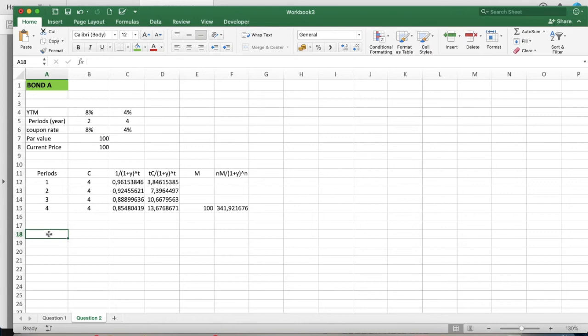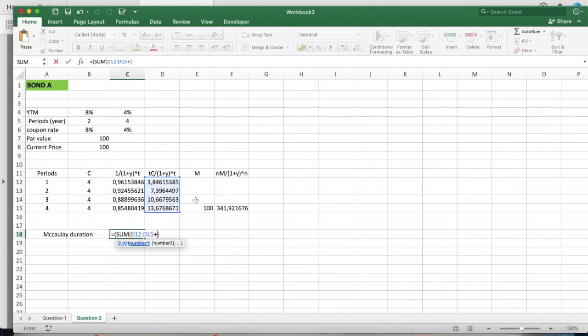So the Macaulay duration is equal to, open the parenthesis, the sum of these 4 cells, right, plus this one, and the whole is divided by the current price, and it is equal to 3.77509.